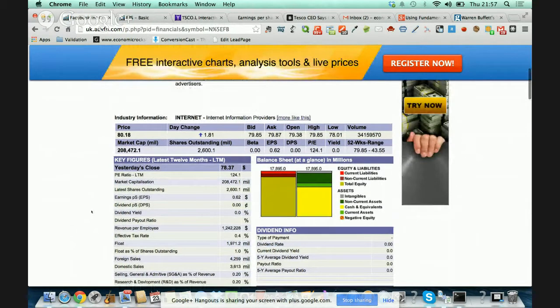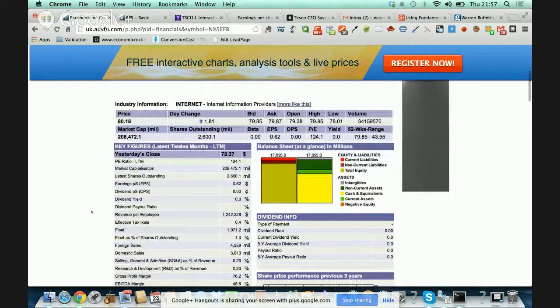Okay. Dividend, you'll notice that there's 0 cent being paid out. So there's nothing wrong with a company not paying out a dividend. Maybe Tesco shouldn't have been paying out dividends all along. Maybe they should have been retaining those earnings and reinvesting and paying off its creditors rather than having high levels of debt.